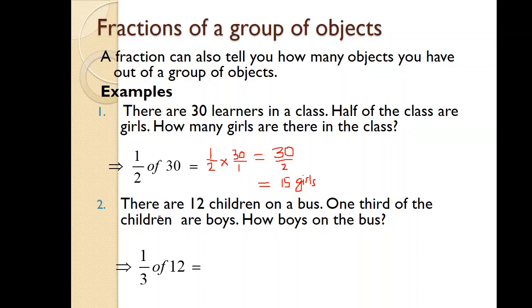It says there are 12 children on a bus. Then 1/3 of the children are boys. Okay, 1/3 of these 12 children are boys.